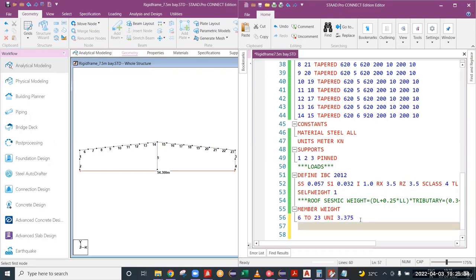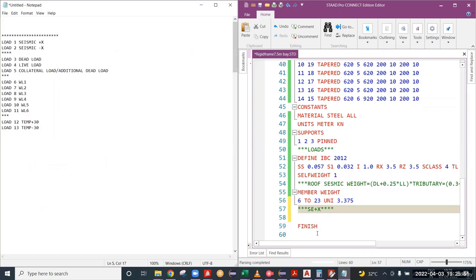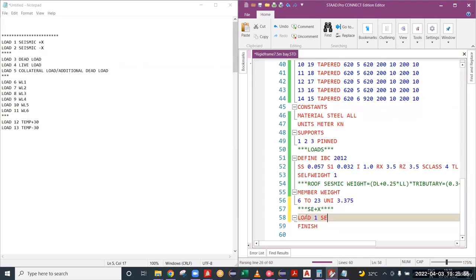So first, what is the load? First load, seismic plus X in the positive direction. We have seen yesterday what loads we have to apply: seismic in the positive direction. So first load: 1 SE plus X. Load is nothing but we are defining the load here.